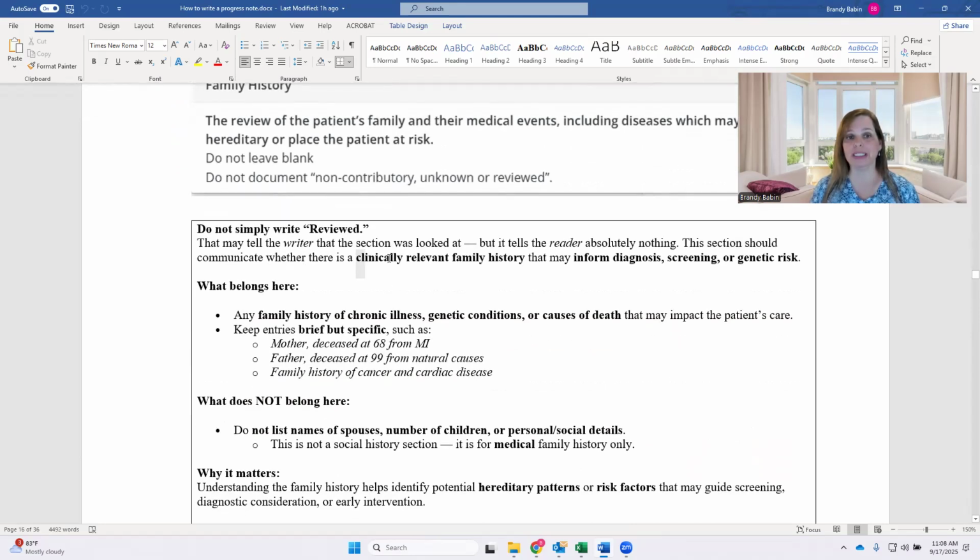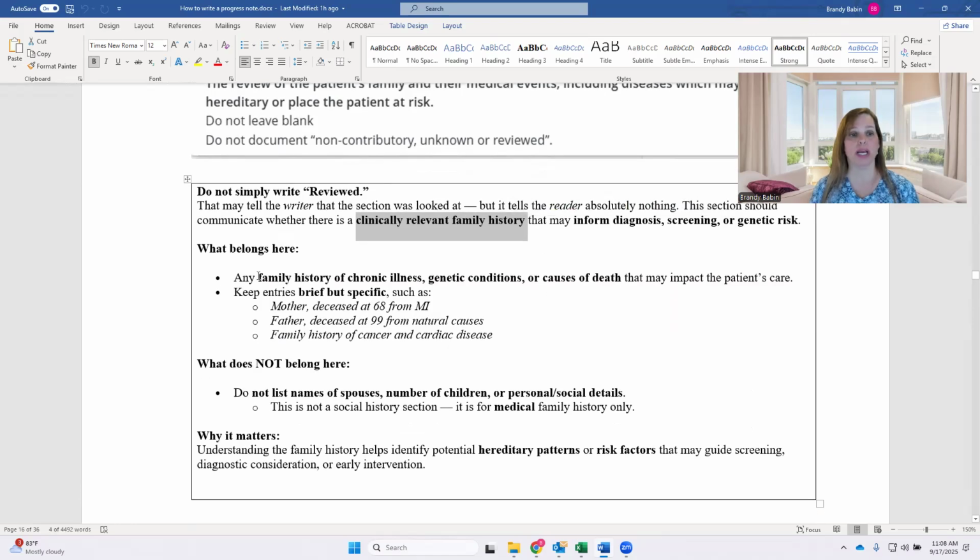So I want clinically relevant family history that indicates a diagnosis, screening, or anything that we need to do genetic testing. What I don't want here, and I guess I jumped ahead, is I don't want it to say married, 2 children, 2 grandchildren. I'm not looking for who's in their family. I'm looking for family medical history. So me personally, I write mother.